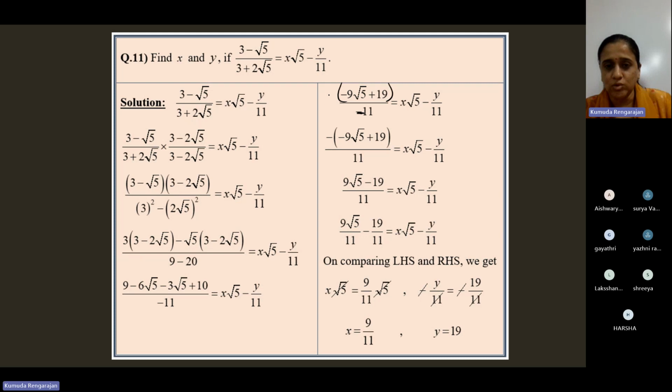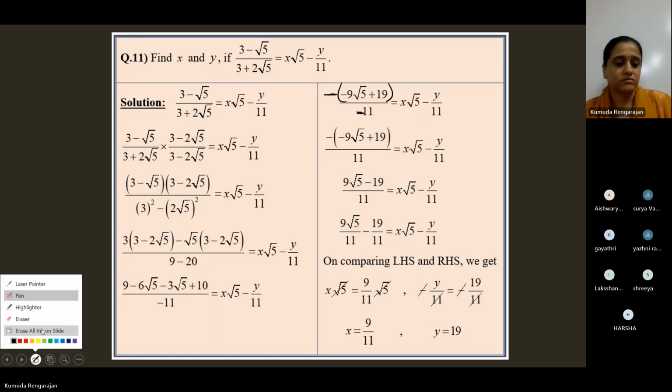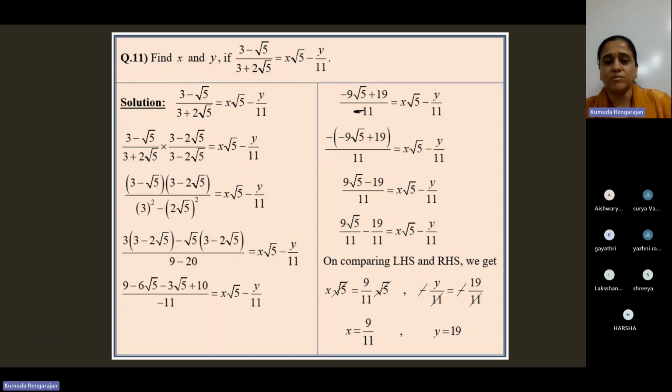I've taken this minus to the numerator, so it's a plus 11 here. The minus is here. So now open the bracket. It will be plus 9 root 5 minus 19. Minus into plus, minus 19 by 11. So now there's nothing but 9 root 5 by 11 minus 19 by 11.